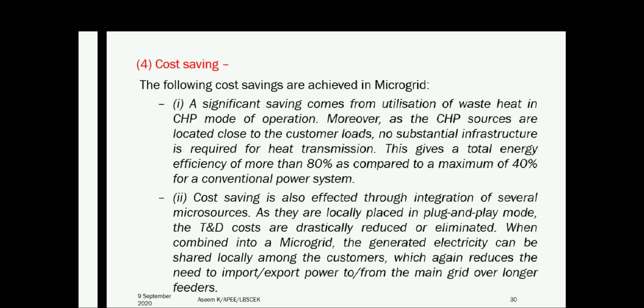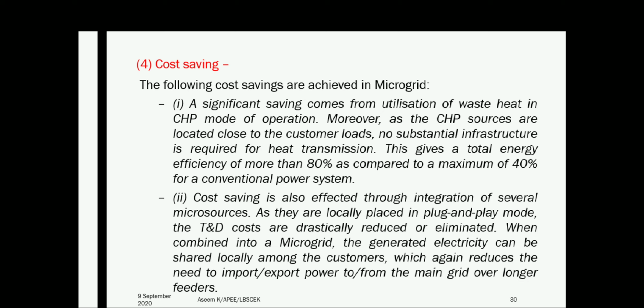That means when one microgrid is combined with another microgrid, whenever there is a power shortage in any microgrid load, you can share power from one microgrid to another, and in such a way the microgrid integration can manage the power balance itself, so that it doesn't require importing power from the main grid, or exporting power.